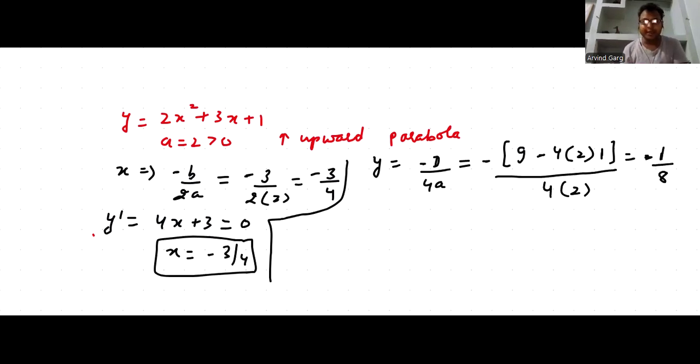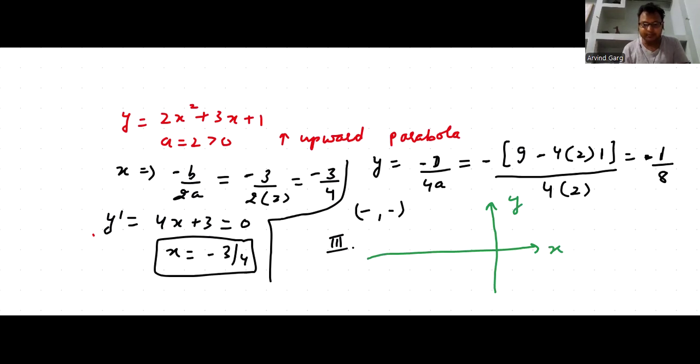As we can say, x and y both are negative. If x and y both are negative, it lies in the third quadrant. So if you want to make a graph, this is the third quadrant.